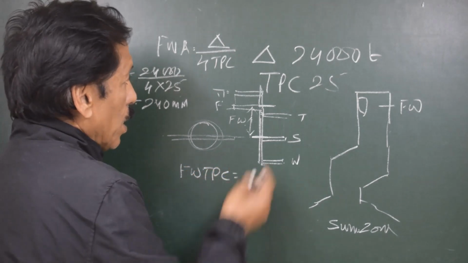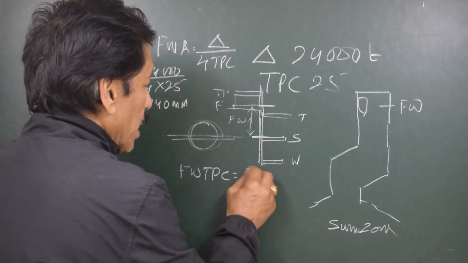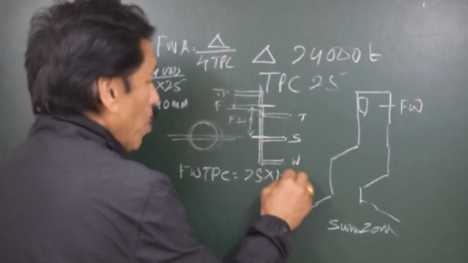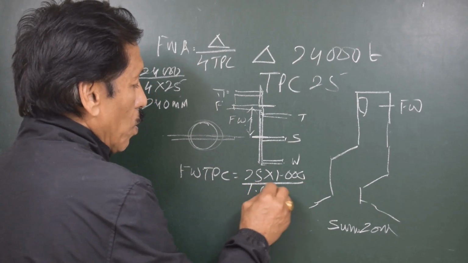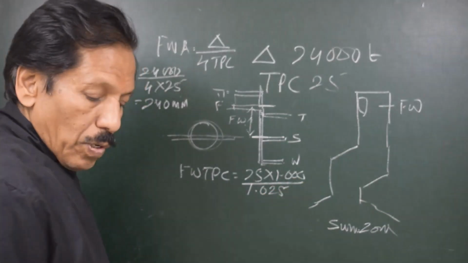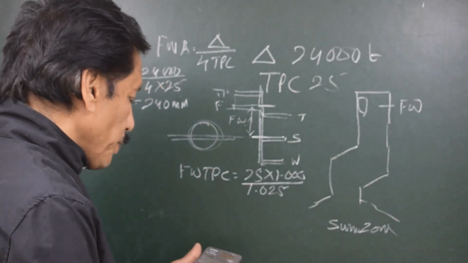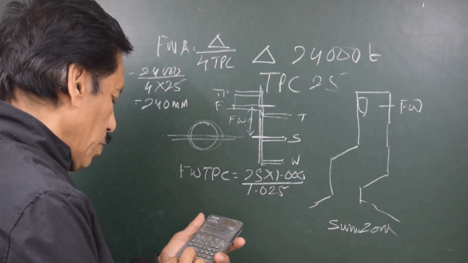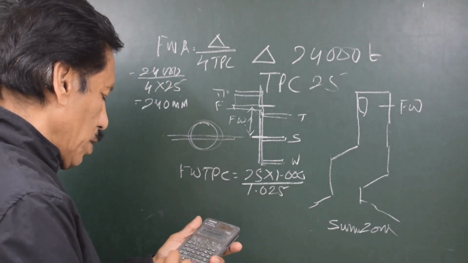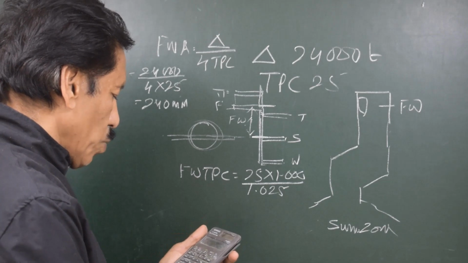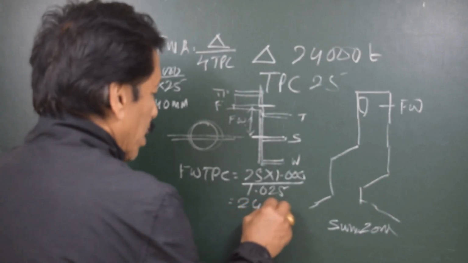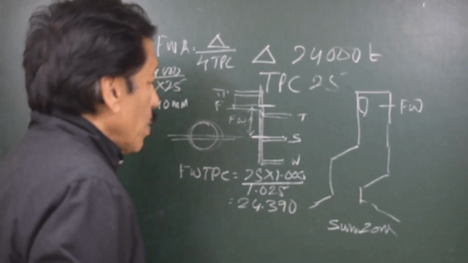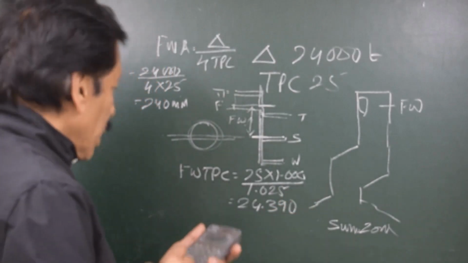Freshwater TPC is the normal saltwater TPC, that is 25, into 1.000, that is the freshwater density, divided by 1.025. So 25 divided by 1.025 gives me 24.390.